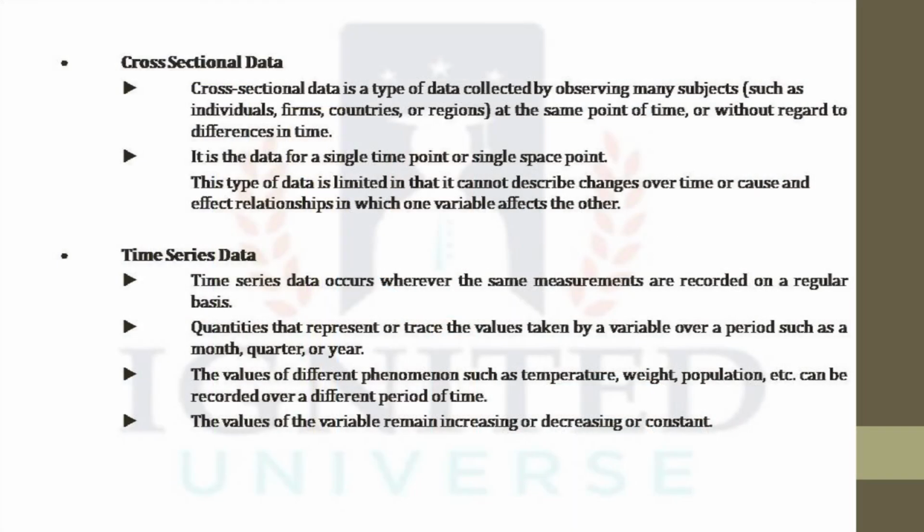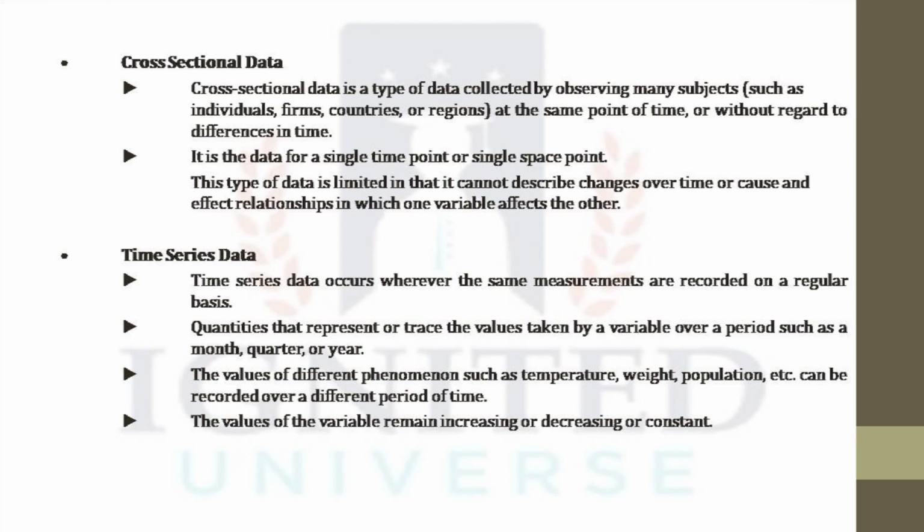Time series data is the data which occurs wherever the same measurement is recorded on a regular basis. Quantities that represent or trace the values taken by a variable over a period, such as a month, quarter, or year, are basically time series data.